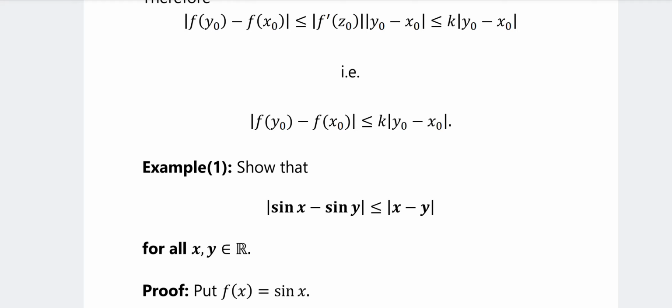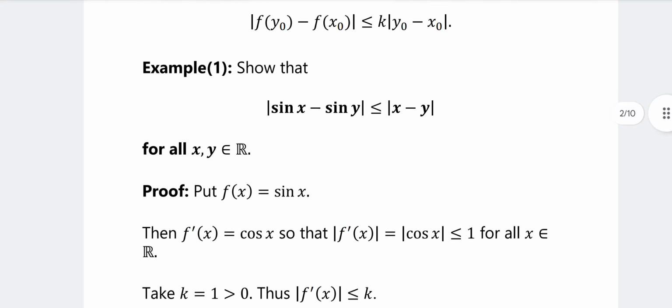In uniform continuity we will prove that sin x is a uniformly continuous function, and there I will need this inequality. In subsequent lectures we are going to see the uniform continuity of sin x, mod x, all these functions. So in that case this inequality will play an important role. That is why I am proving it with the help of the mean value theorem.